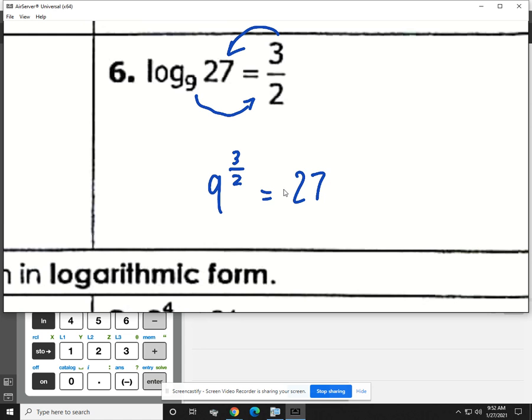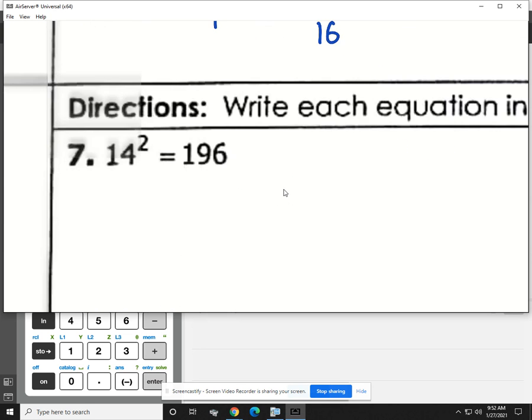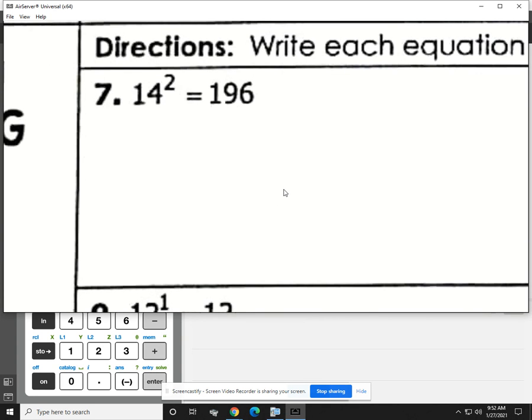Now, reverse it. The next group of problems, they want me to go from an exponent to a logarithm. Same thing. If the base of my logarithm becomes the base of my exponent, reverse it. The base of my exponent becomes the base of my logarithm. What's my base of my exponent here? So I'm literally going to write log base 14.